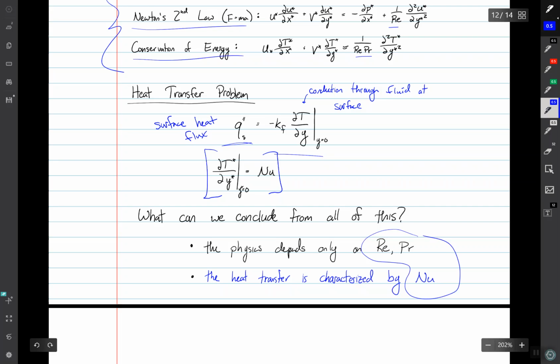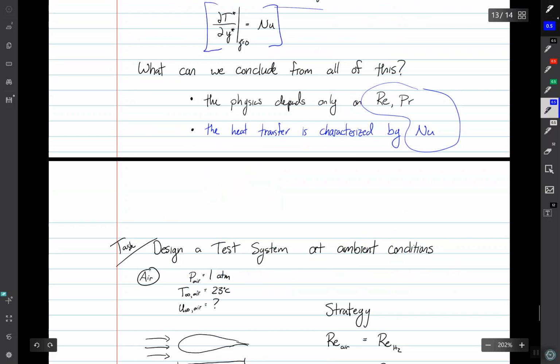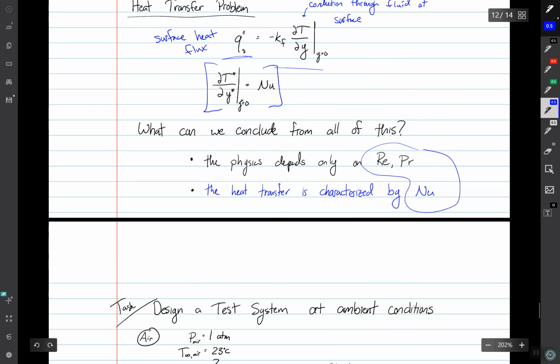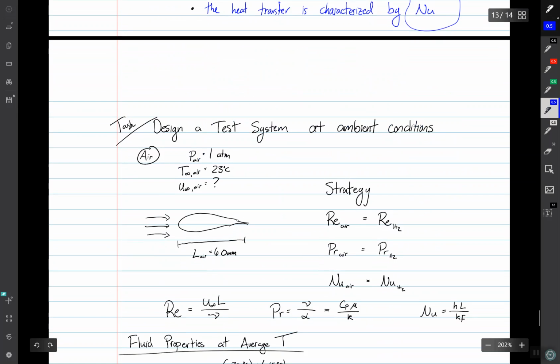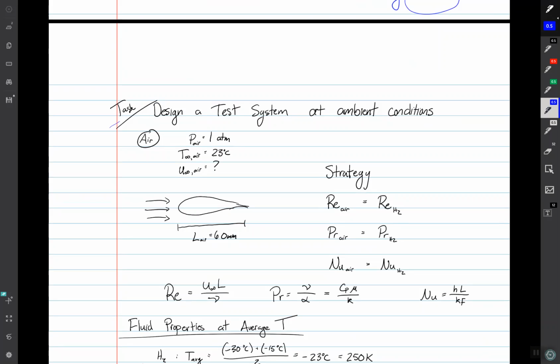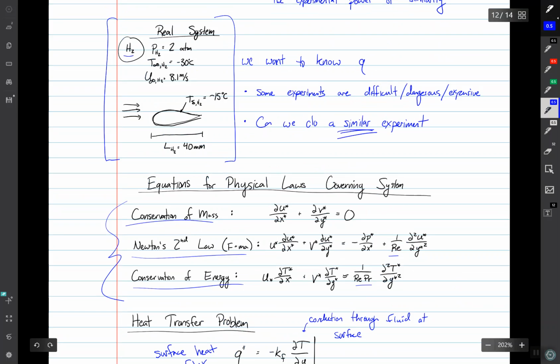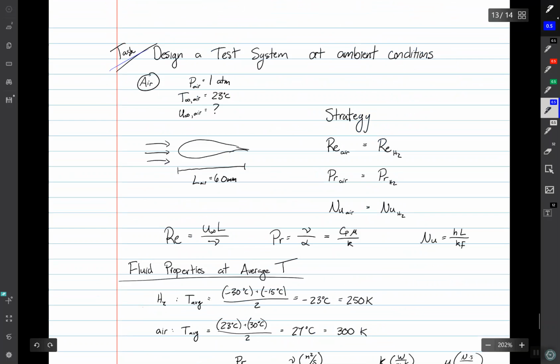So let's think of a test system. Our task over here: design a test system at ambient conditions. We want to be able to predict what the heat transfer is in this real system up here, but we want to do our actual test under ambient conditions, in 1 atmosphere of pressure, 23 degrees Celsius.